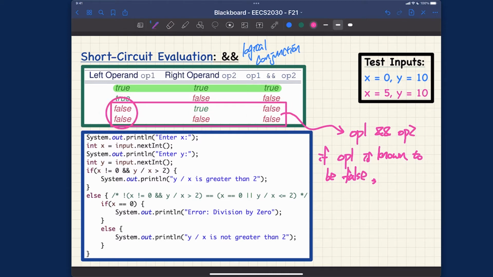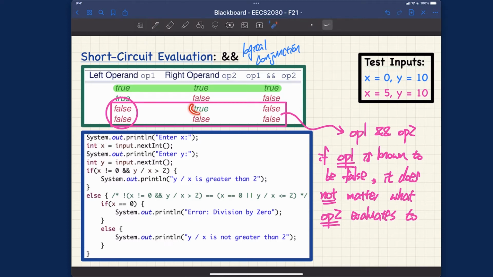If operand 1 is known to be false, it does not matter what operand 2 evaluates to, meaning it can be true or it can be false, doesn't matter.